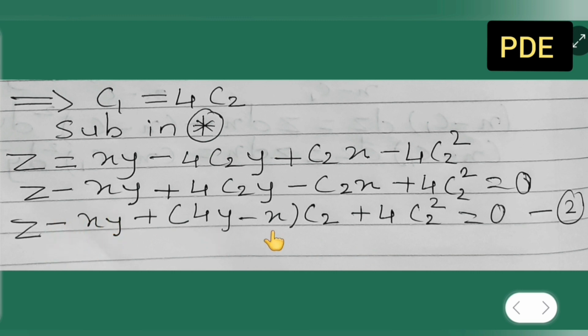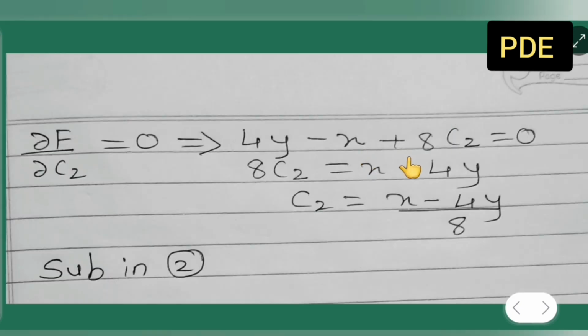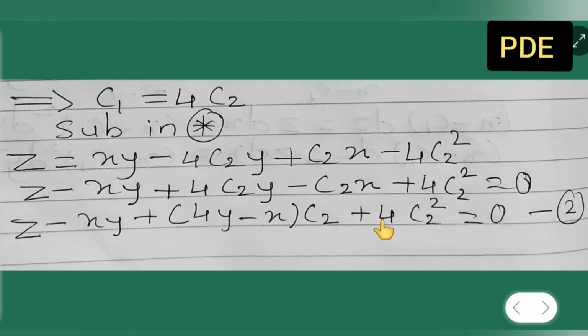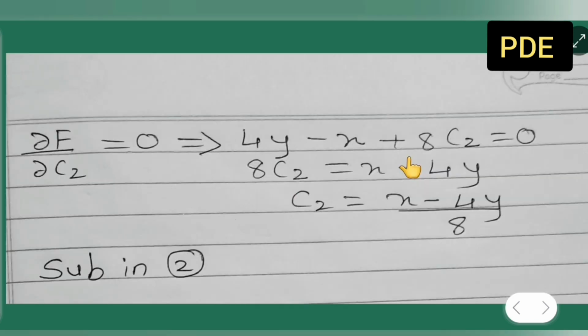So what is left? c2, 4y minus x will be there, plus 2 4s are 8c2 will be left. 8c2 is equal to 0. Next, take this towards the right hand side. So you will get positive x and negative 4y. So x minus 4y. So c2 is equal to x minus 4y upon 8.